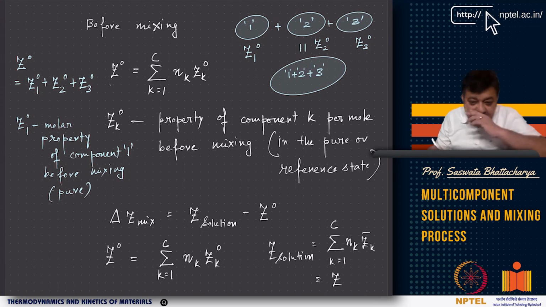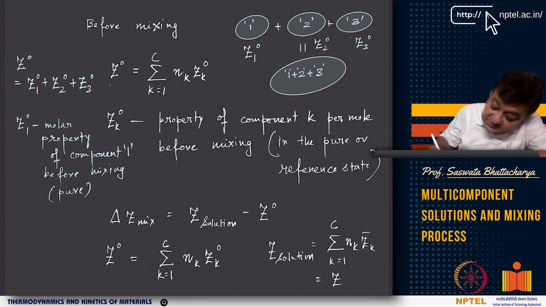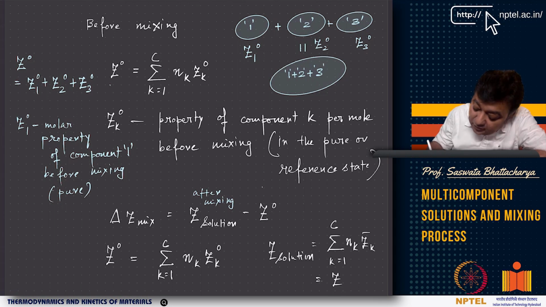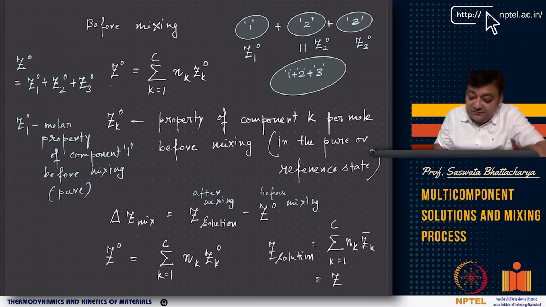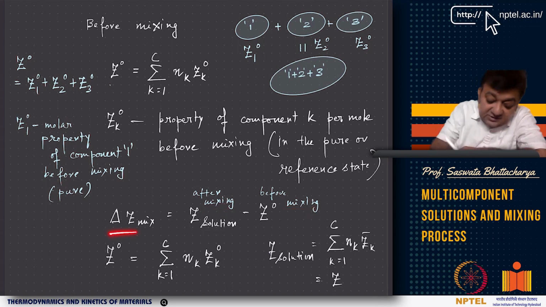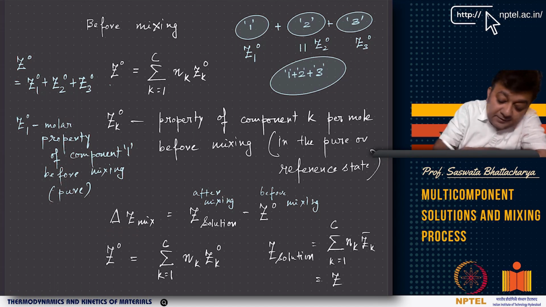Now Z solution is after mixing. Z solution comes after mixing all components, and this is before mixing, right? Now once you have after mixing minus before mixing, this is the change in the property due to mixing.